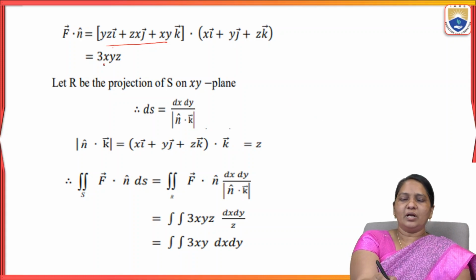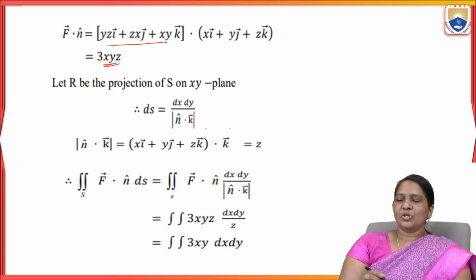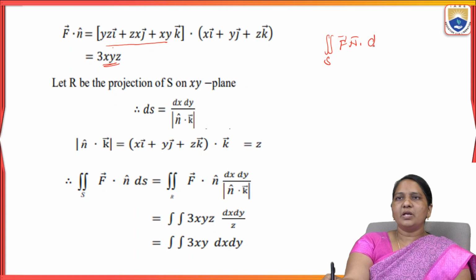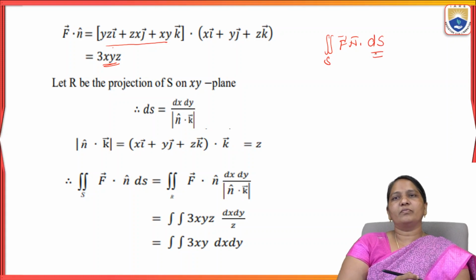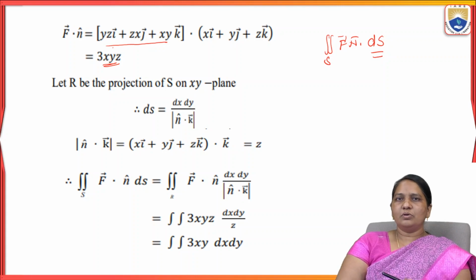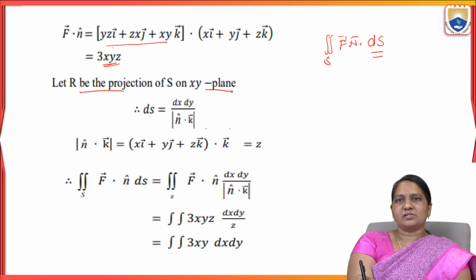So we get f bar dot n bar value as 3xyz. Now I know f bar dot n. Remaining is to know about ds, that is, which plane we are going to consider. So here, let R be the projection of S on the xy plane.